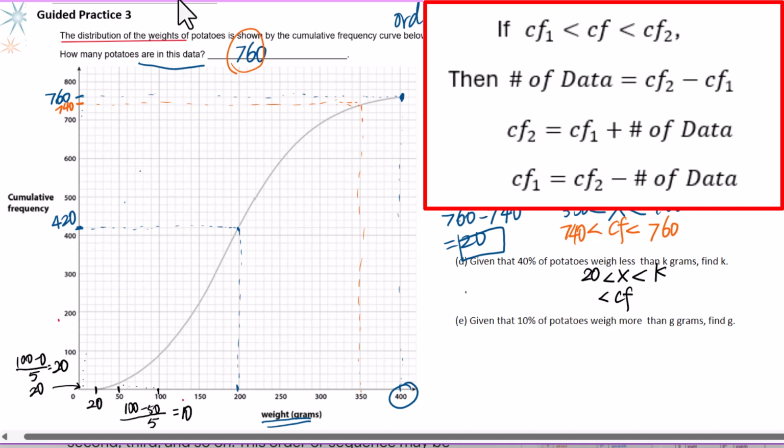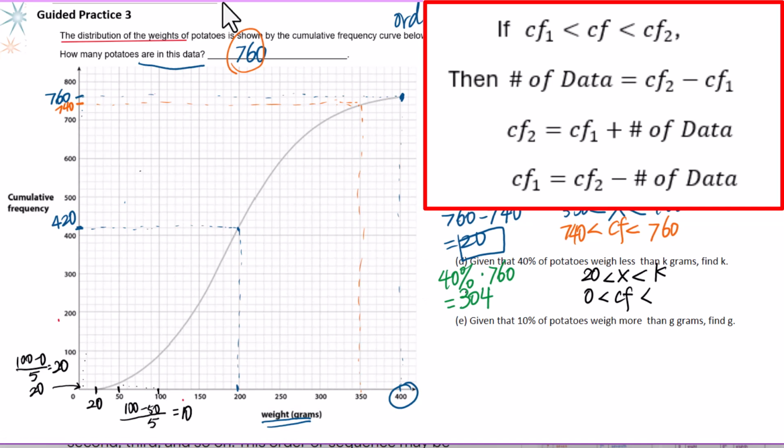When weight is 20, CF is 0. 40% of the potatoes, 40% times 760 equals 304 potatoes.